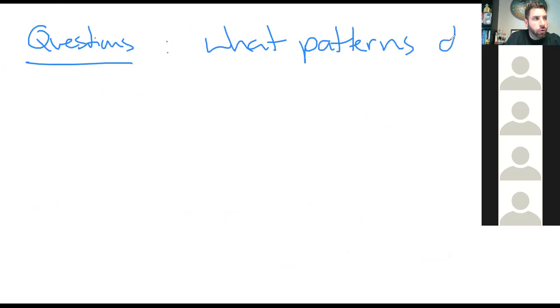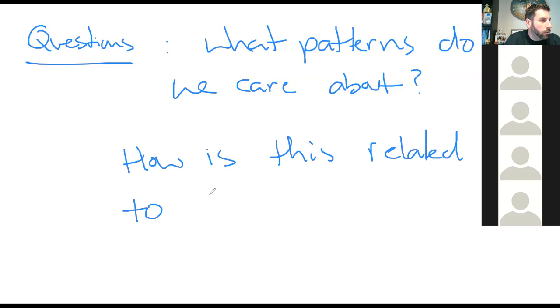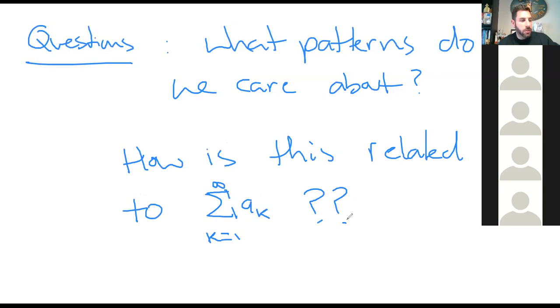So what patterns do we care about? And more importantly, how is this related to series? How is a list of numbers related to adding the numbers in a list? Those are 2 very important questions.